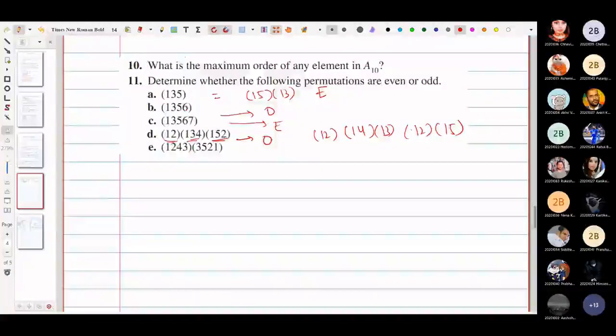And if you want to simplify this also, of course disjoint cycles commute. But if you see that 1 2 is there and 1 2 is there, they will be disappearing together.